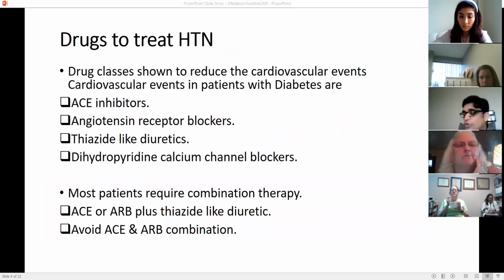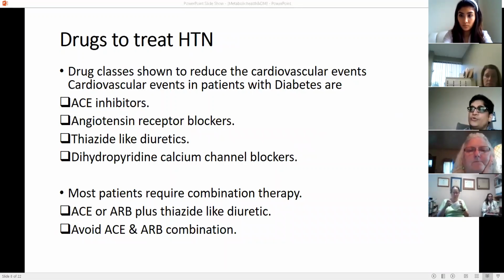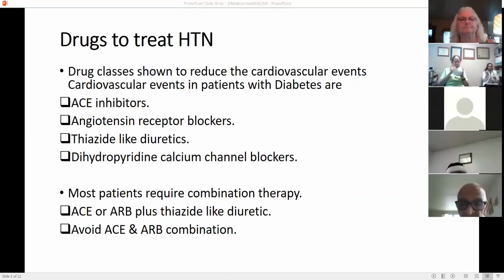Okay, so drugs to treat hypertension. Again, when we're treating diabetes or hypertension, we want to use the agents that have established cardiovascular benefit, that reduce congestive heart failure, that reduce stroke risk and heart attack risk. So the agents that are commonly used are the ACE inhibitors or the angiotensin receptor blockers.